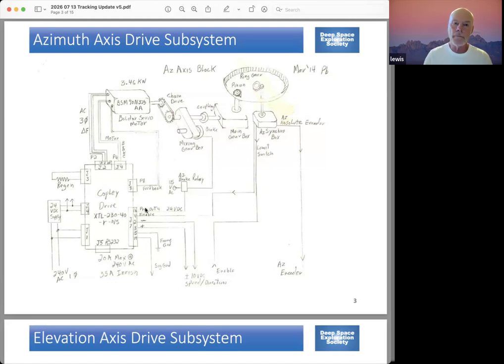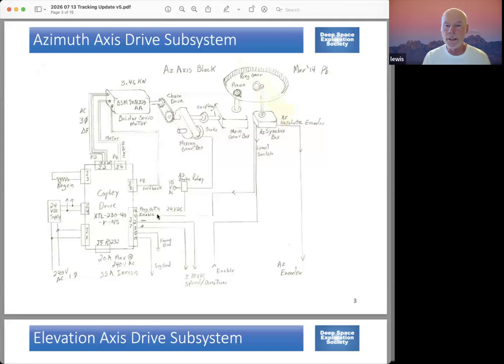So system one will assert this enable signal over on the right center down at the bottom, and it apparently goes through, and Bill, you probably know this routing better than I do, the limit switches and then into the Copley to enable it.